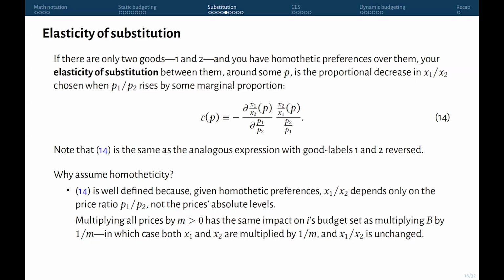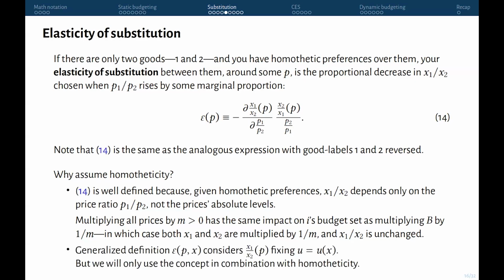So elasticity of substitution is going to be defined, but it's only going to be globally defined if you have homothetic preferences. Now, there is a generalized definition of the elasticity of substitution, which picks a utility level, or sort of equivalently, picks a bundle and says, well, at the utility level associated with that bundle, suppose the price ratio changes by 1%, but your budget also changes by just enough to get you back to that same utility level.